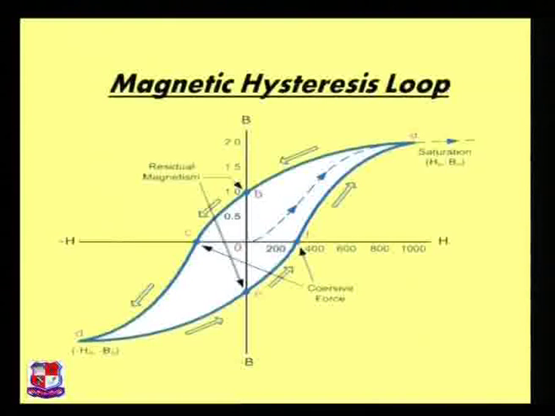Here we have the magnetic hysteresis loop, which is also known as the BH curve, where B is the magnetic density and H is the magnetic intensity. We can see here what is the magnetic hysteresis loop.